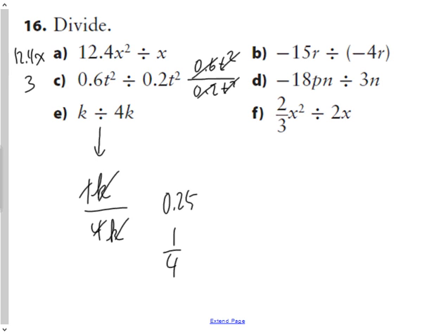And k divided by k cancels each other out. So your answer for this one is 0.25 or, if you want, 1/4, okay? That's what's done. A lot of people probably had that one wrong. But the coefficient of 1 divided by the coefficient of 4 is 1/4. Okay, so your answer is 1/4 or 0.25. Because k divided by k cancel each other out.